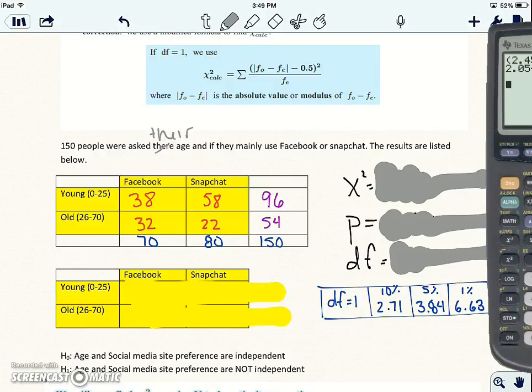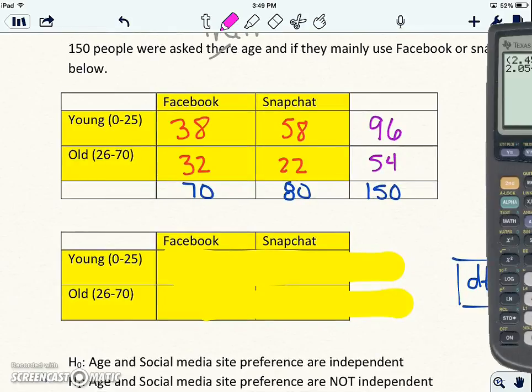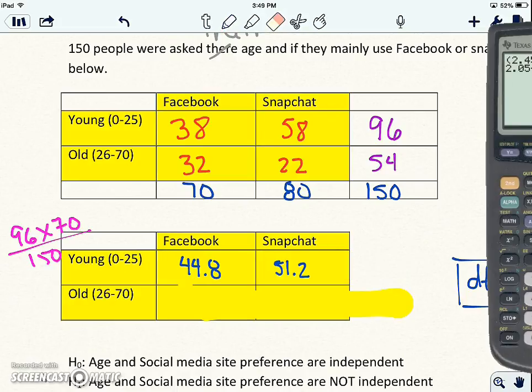And what we'd want to do the old way, we would find the expected. So the expected values are row total. So the expected for young would be 96 times column total, 70, all over the total, which is 150. Okay, and we would have an expected value of 44.8.